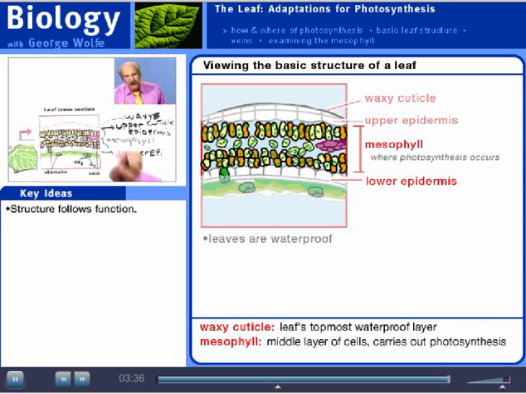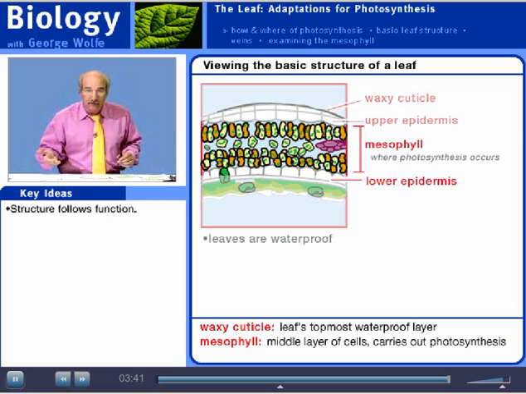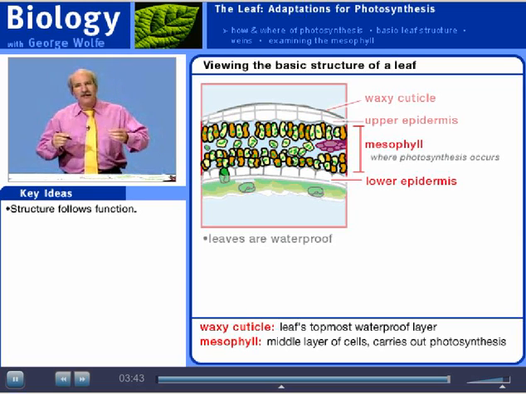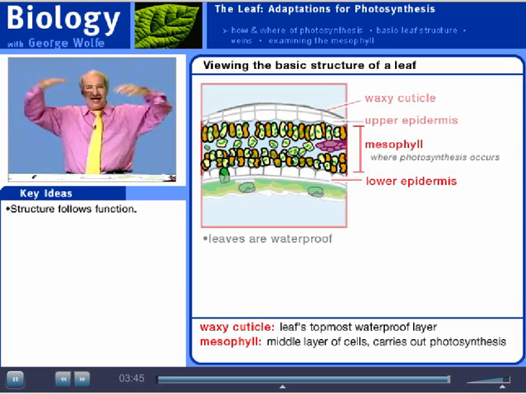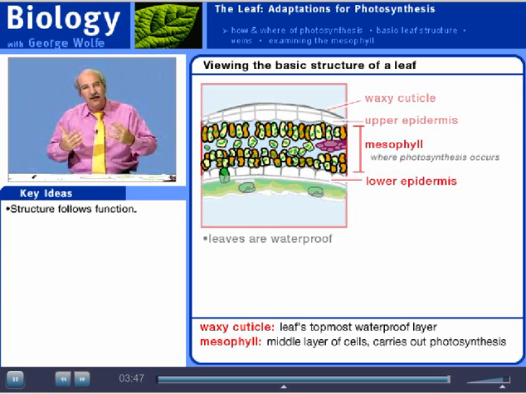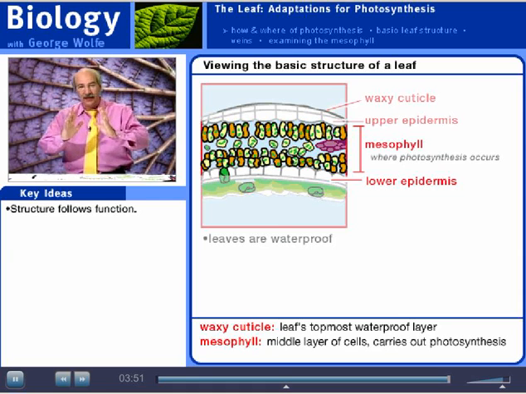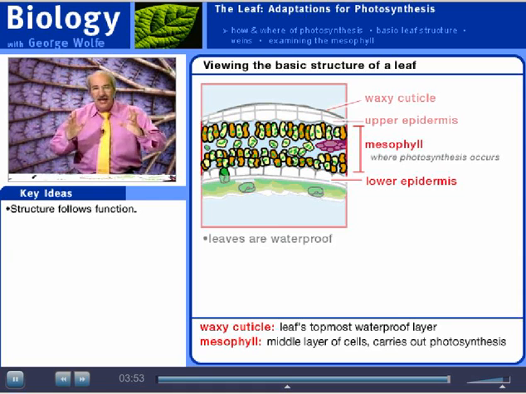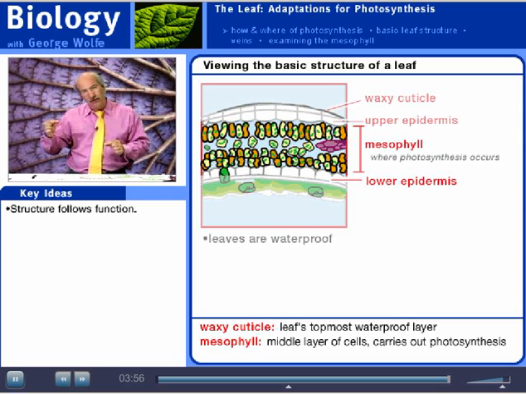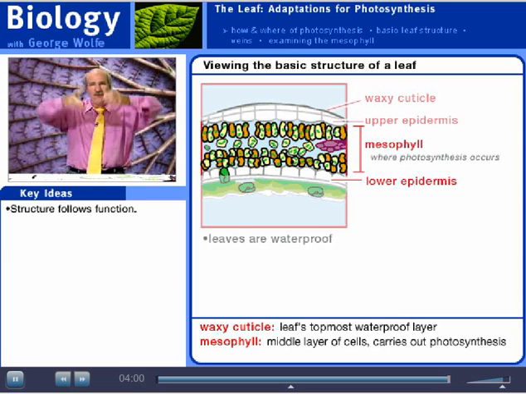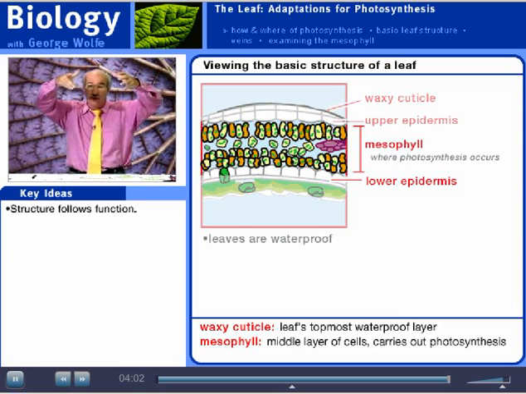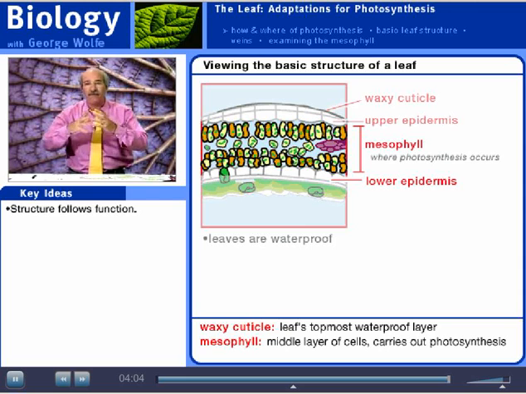And now we can start talking about the waterproofness of a leaf. You and I both know leaves need water, okay? Well, where do they get their water from? Well, they don't get it from the air per se. They get it from a series of veins that pass through the plant body itself. And the veins start in the very tip of the roots, are continuous through the main portion of the root, are continuous through the stem, whether it's the stem called the tree or the stem of a flower.